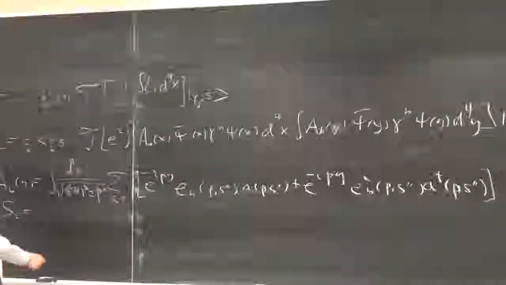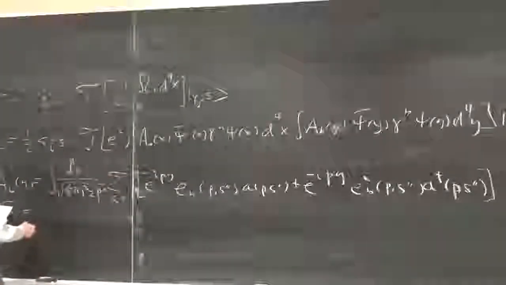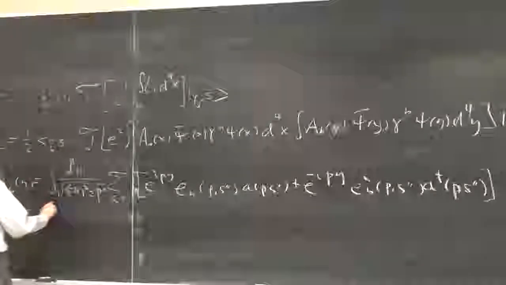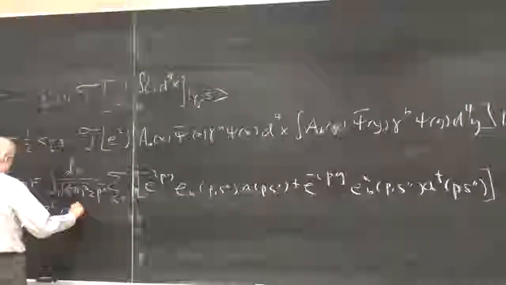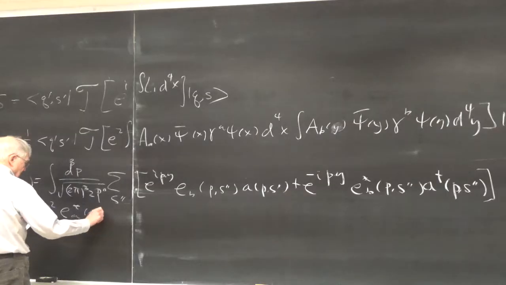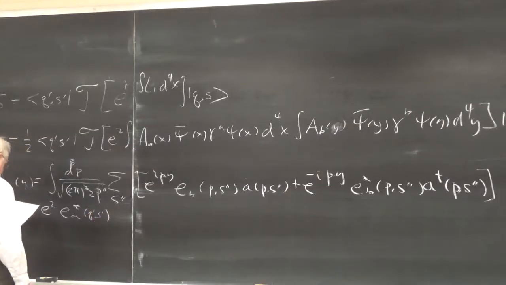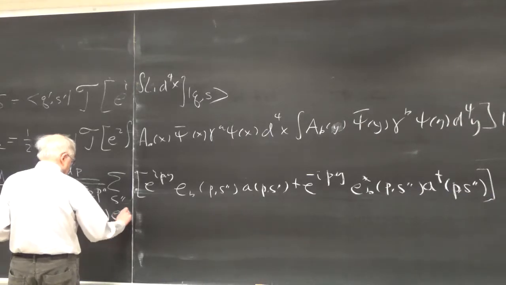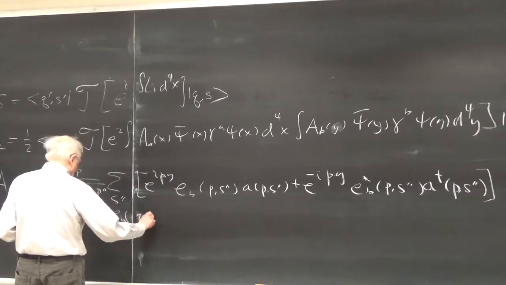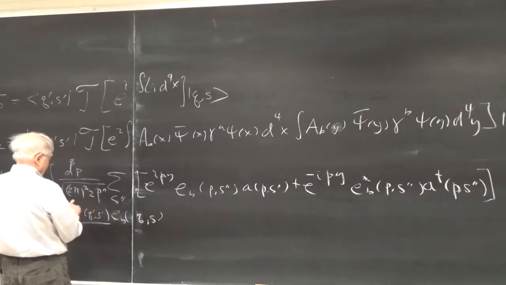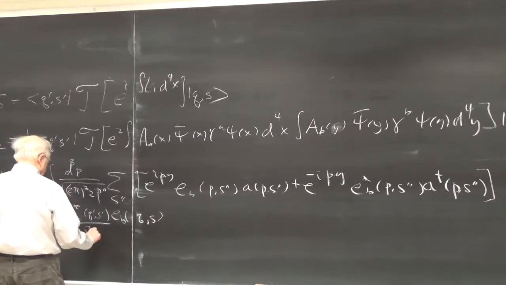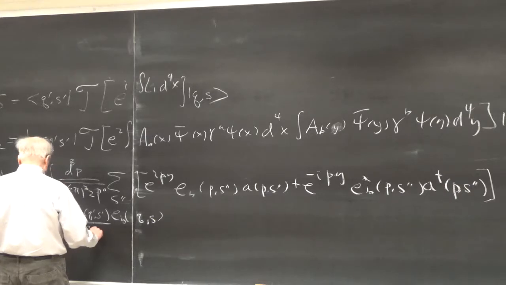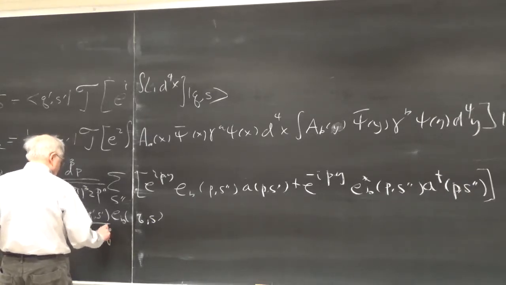And if we do that, then S2, taking into account all these factors, is e squared, e_A star of Q prime S prime, e_B of Q and S, and we have 2 of these square roots, so that just gives us 2 pi cubed 2 Q0.